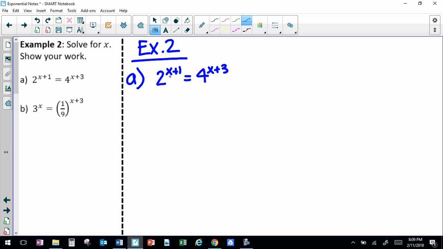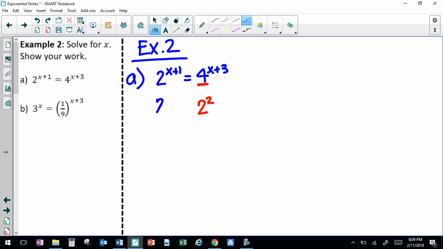Now typically you're going to use the smaller of the two numbers when they're whole numbers, okay? Because I can't rewrite 2 to some power to make it 4, but I can rewrite 4 to some power so that it has a base of 2. So here's what I'm trying to say. I can rewrite 4 as 2 to the second power.